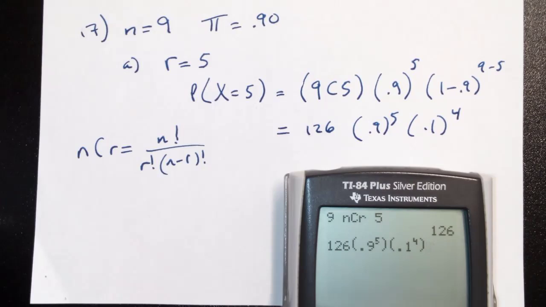And literally, I type it exactly written that way. The chance that only five people passed their exam, if chance of succeeding is 90%, is 0.007.